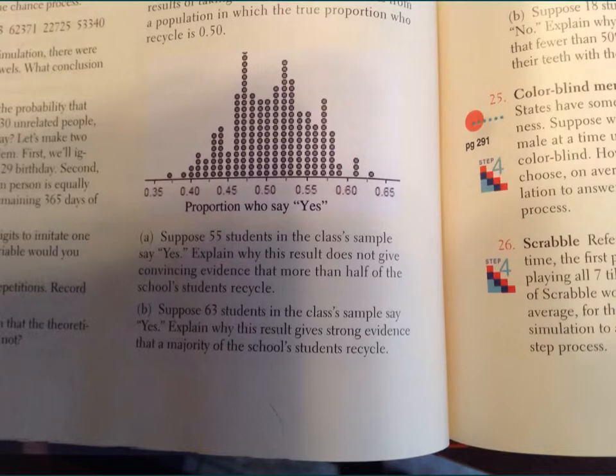Each dot on this plot represents one sample of 100, and we have 200 dots all together. That's what's hard for some people to understand: every little dot is 100 students being represented. It's the percent of that sample of 100 who said, yes, I do recycle.